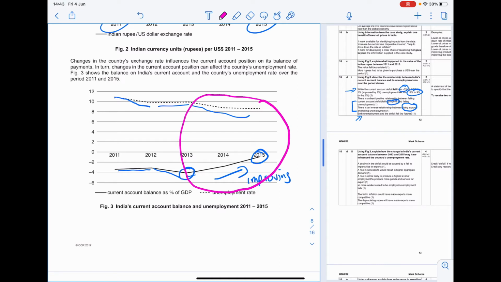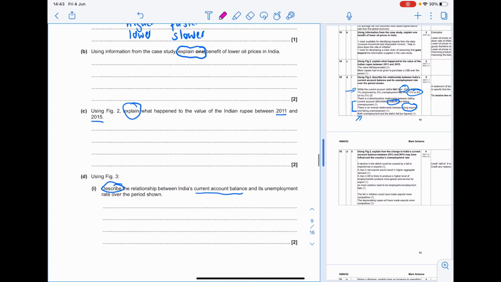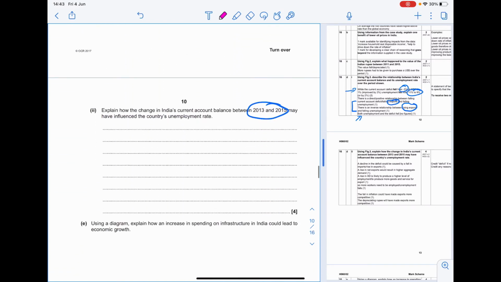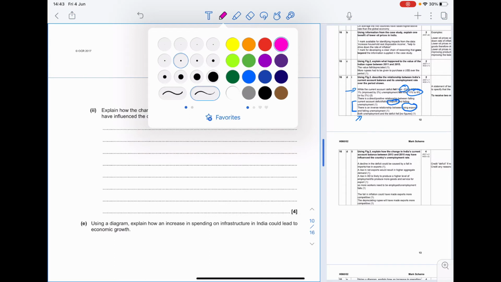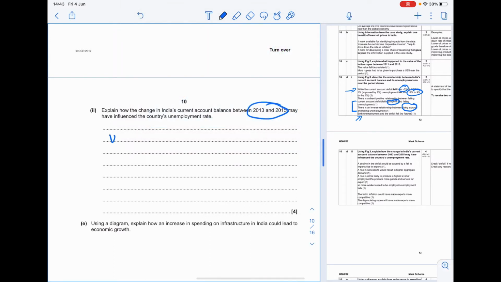So we've got to specifically be talking about how the improving deficit influences the unemployment rate. So the unemployment is falling and the deficit is improving. So we need to think about what is happening here. So unemployment falling, and the deficit is improving.